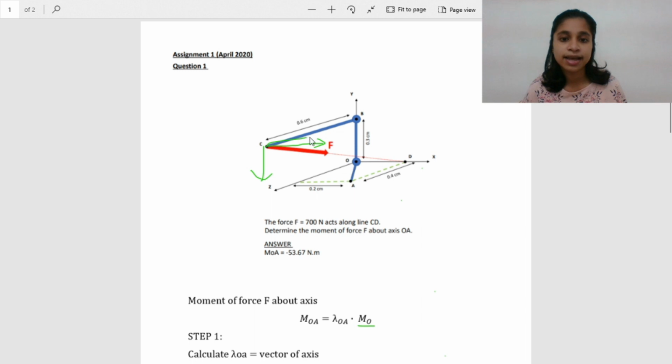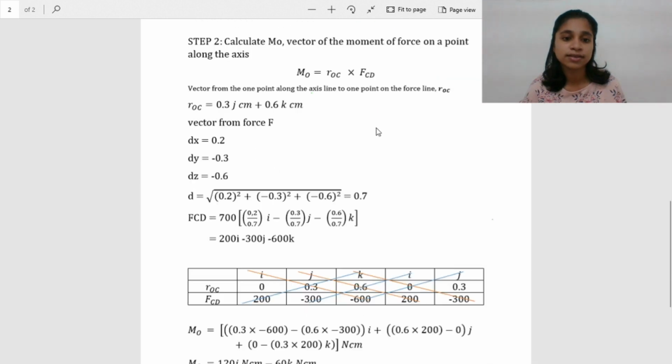The dz is negative 0.6 because it's moving backwards. Then we write it down here and then we find the magnitude of these coordinates. Then we can find the vector of force CD using the formula: the force given, 700, times each coordinate separately, divided by the magnitude.